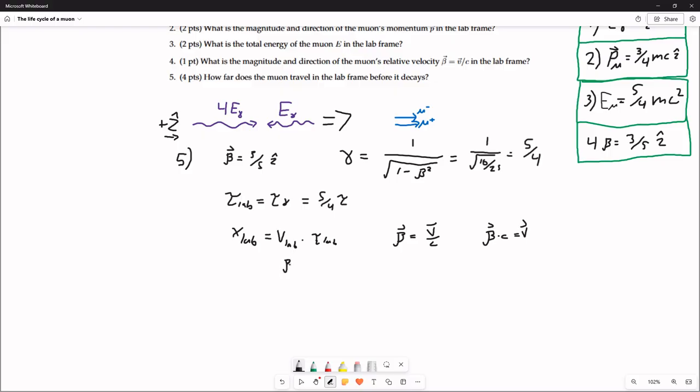So this is going to be beta times c times tau lab. So we have 3/5 times c times 5/4 times tau. Our 5's cancel out, and our distance in the lab is going to be 3/4 c tau. And that's it.